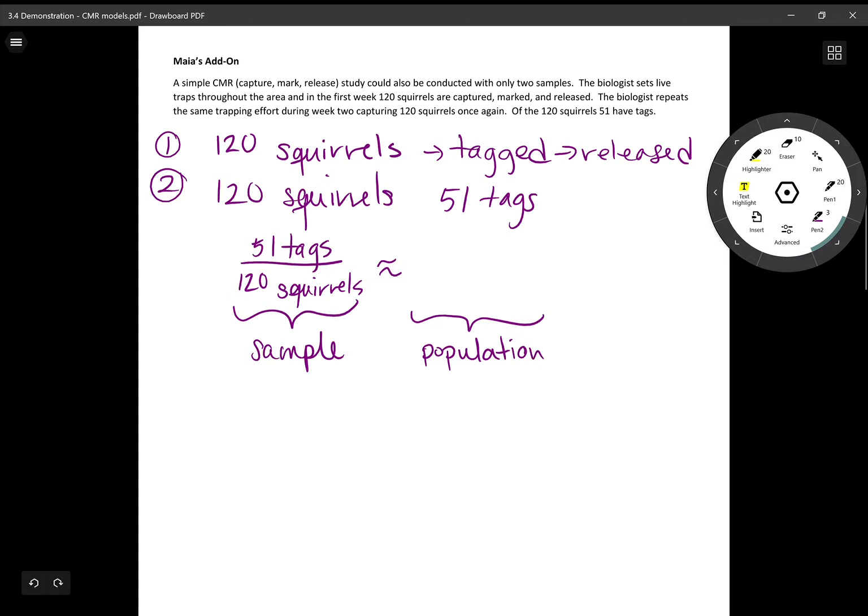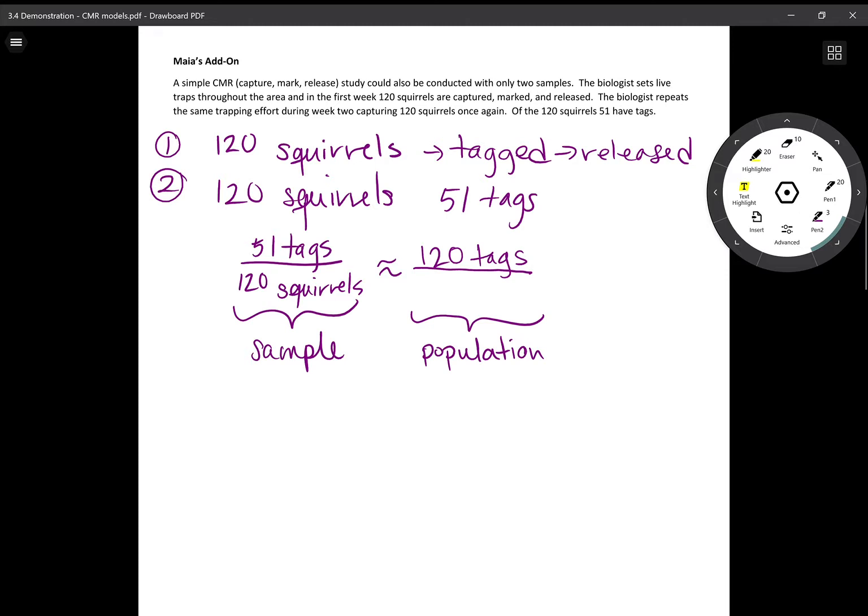We want to set this up so that we're doing the same sort of ratio. How many tags are in the entire population? We happen to know that because that's what our first capture was all about. We put 120 tags out into the population, and the ratio of 120 to the total population should be roughly the same, if we got a good random sample of squirrels, as the 51 tags we found in our sample of 120.